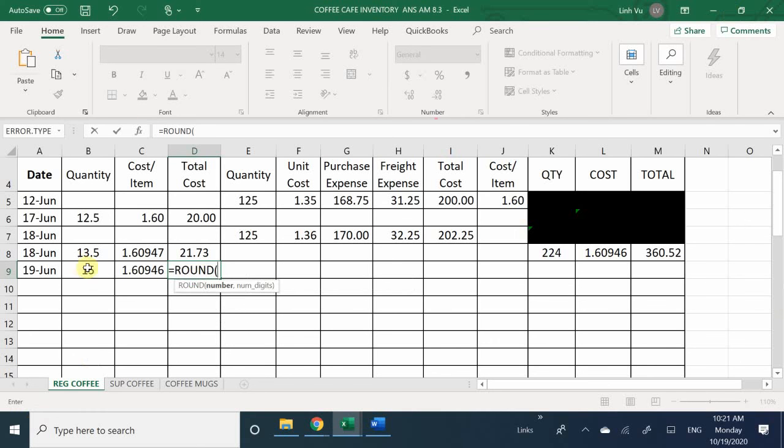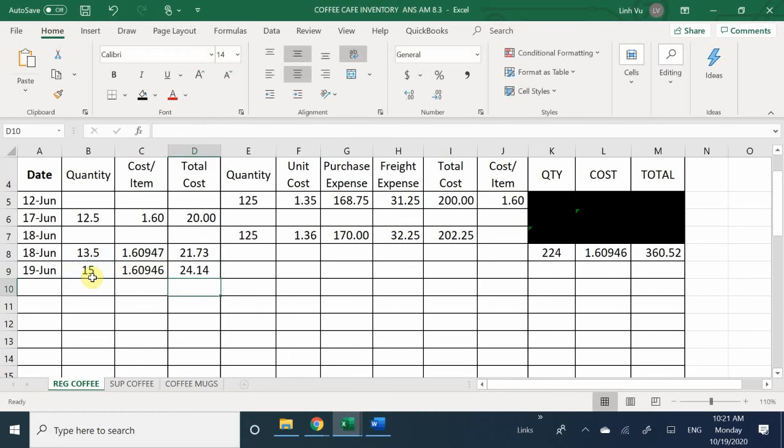And what is my total amount that I actually sold? What's my cost of goods sold? 24.14. Good. All right. Now that I know that I sold 24.14, let's go ahead and update my inventory.